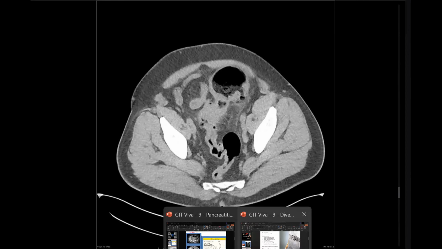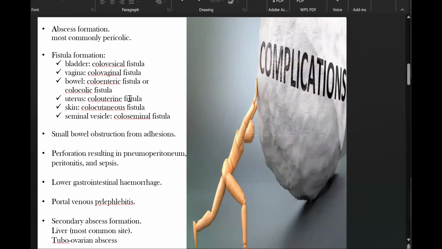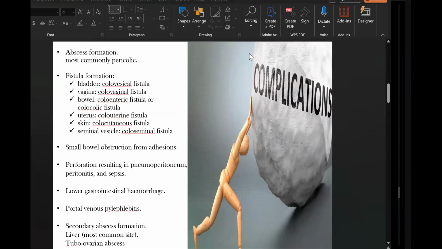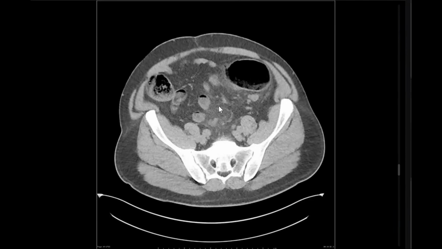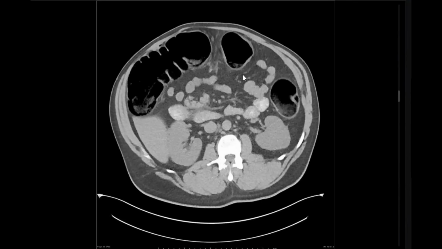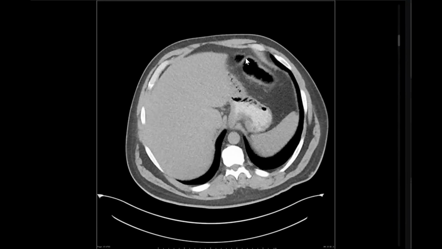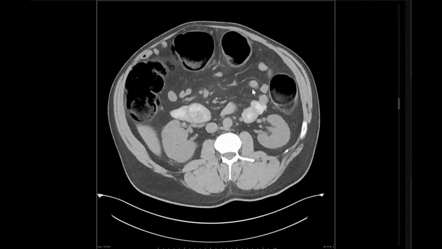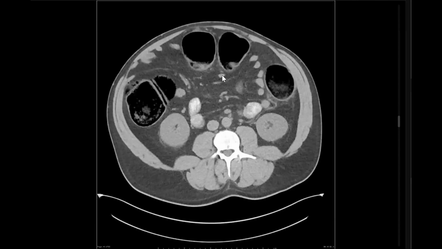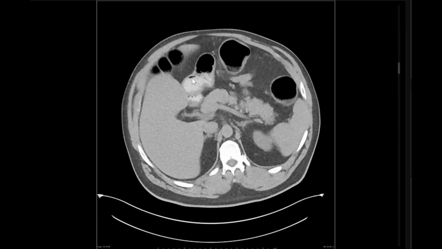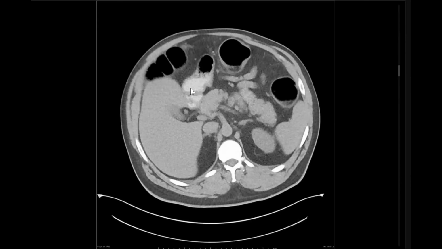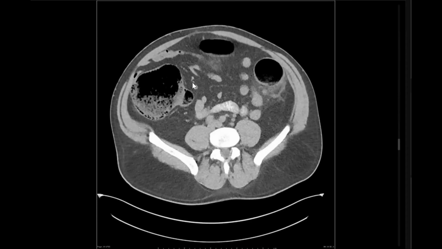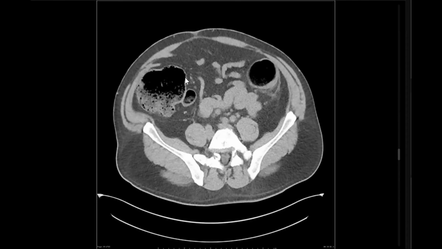So just to revise the complications: abscess formation, fistula formation, obstruction, whether a small bowel or a large bowel. But remember, my friends, if you face a case of small bowel obstruction, usually we go from up downward, looking for the transition point, which is commonly either at the duodenum, for example, as in Bouveret syndrome, or at the ileum, as in gallstone ileus.